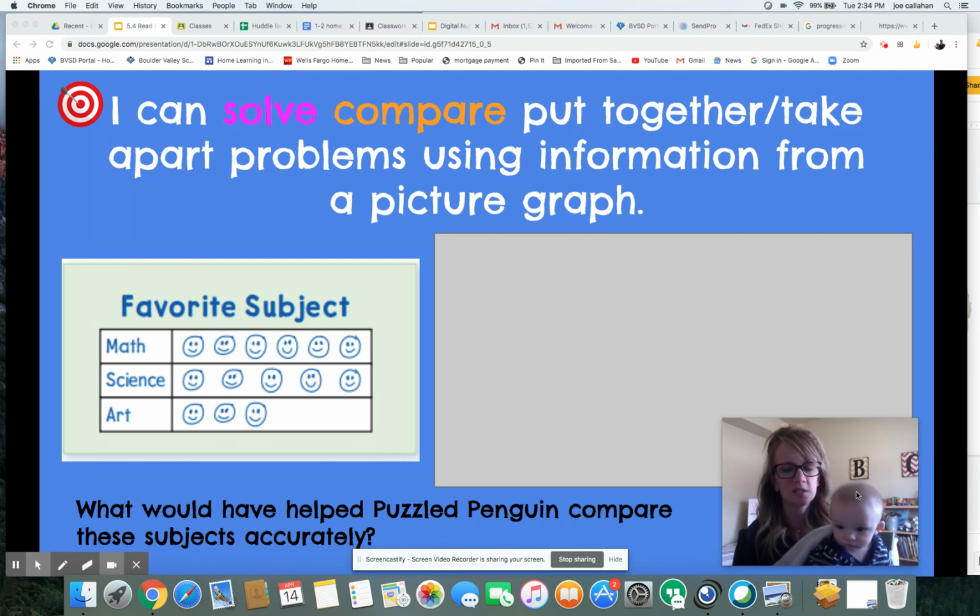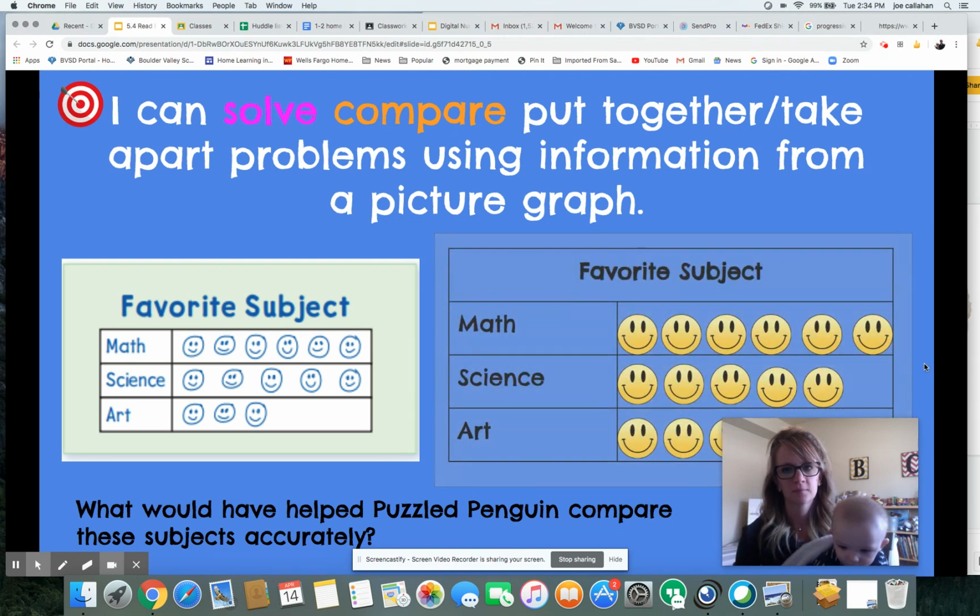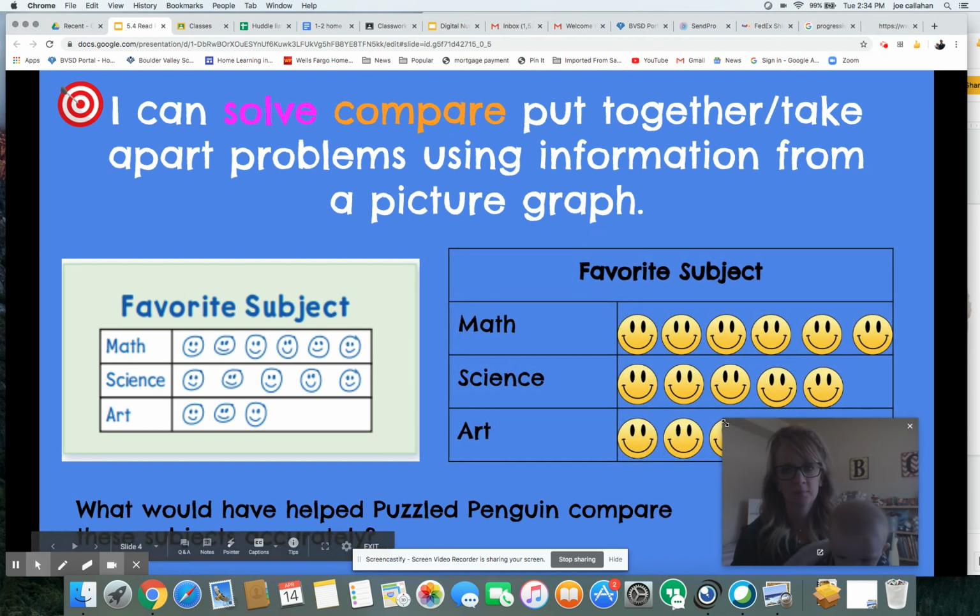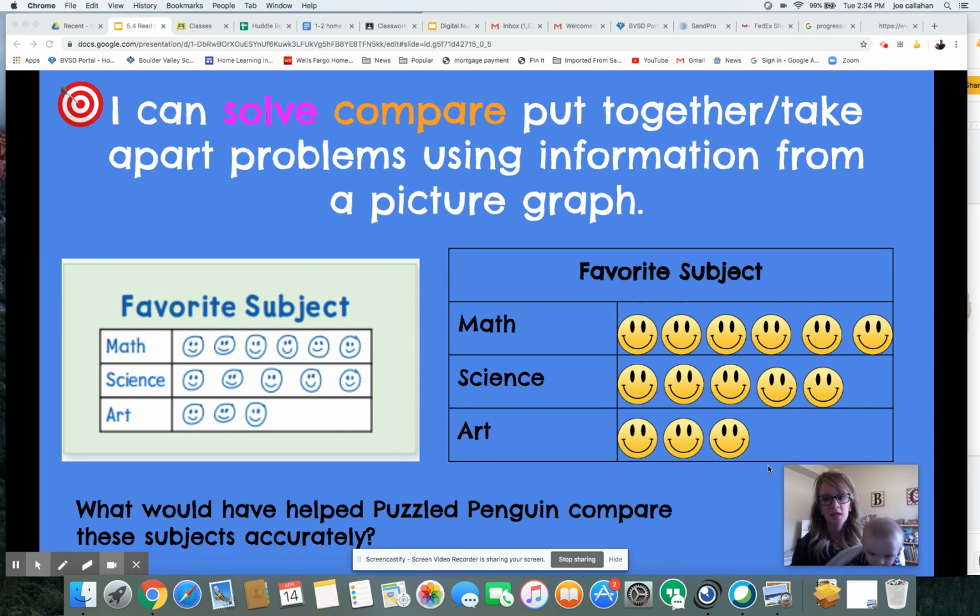What could he have done? That's right. If he more carefully lined up every single symbol and every single icon that he used, he would see that there's actually one more student who likes math than science.